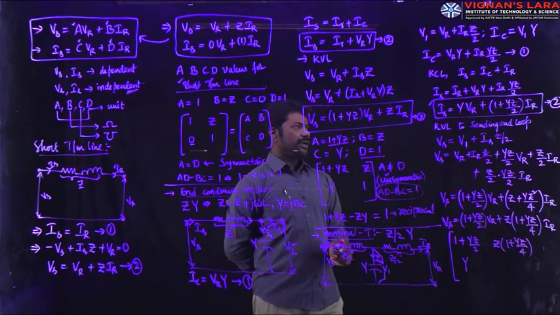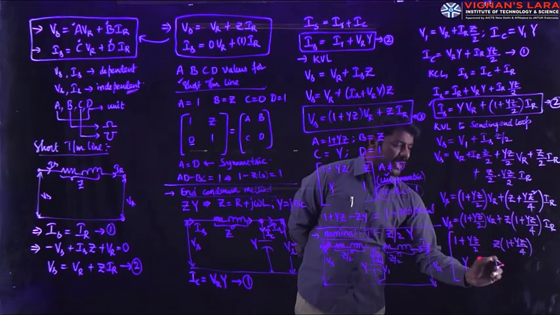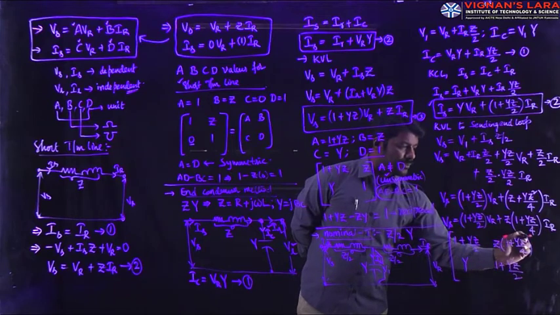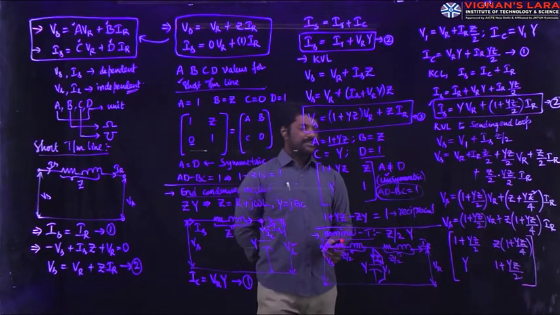C value is equal to Y, and D value is again 1 plus YZ by 2. These are the ABCD constants of this nominal T transmission line.